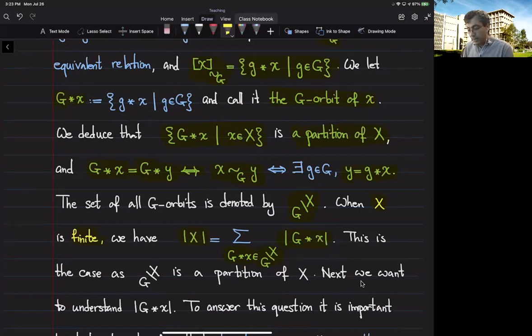So if X is finite, then I'm giving you a finite partition, and if I add the cardinality of each one of the elements in this partition, I end up getting the cardinality of the set X itself.